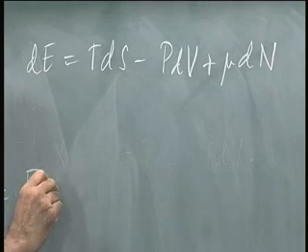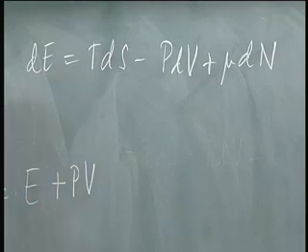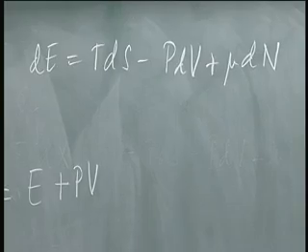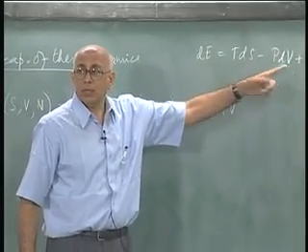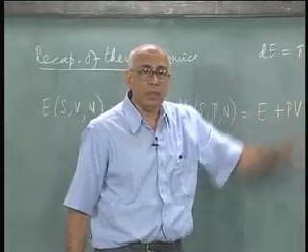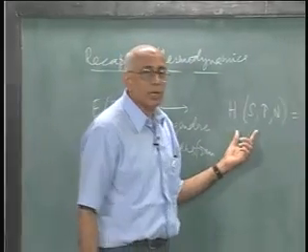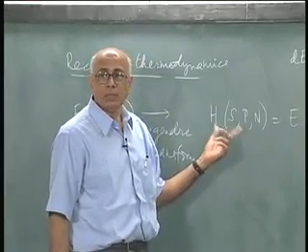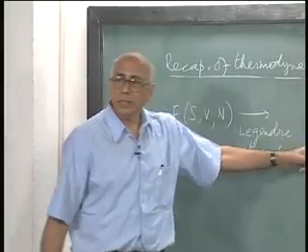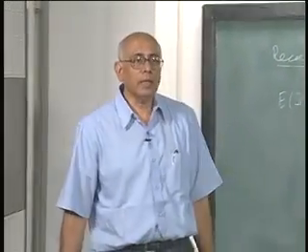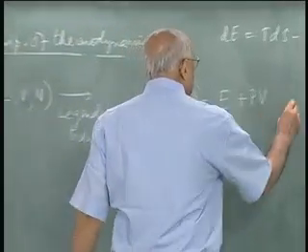Therefore this here is E plus PV, because if I add a plus PV to it, then in dH the PdV cancels and you end up with a minus VdP, and what is left is a thermodynamic potential in which the control variables are S, P and N. What do you call this quantity? It is called the enthalpy.